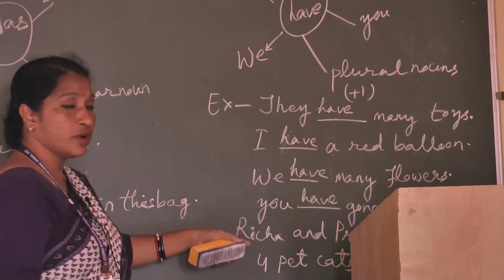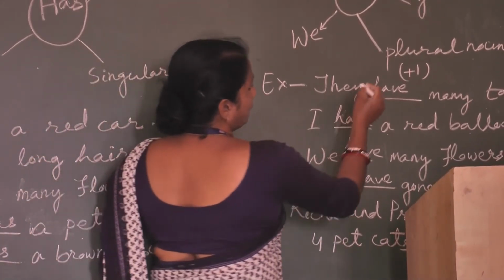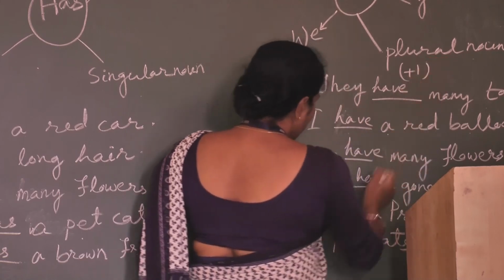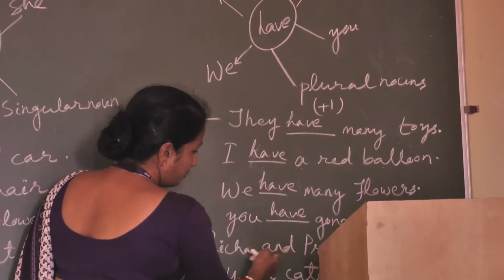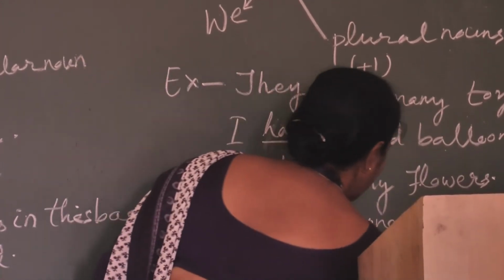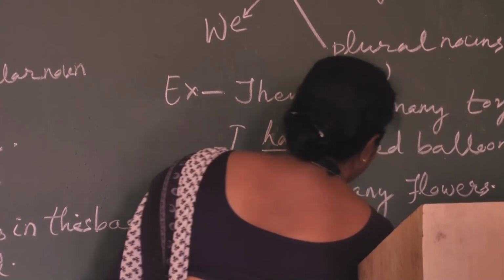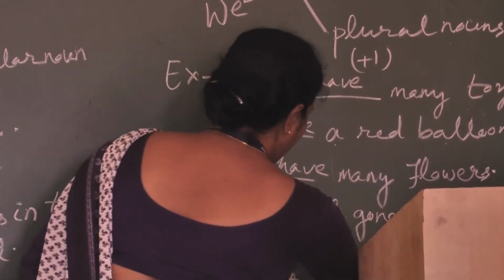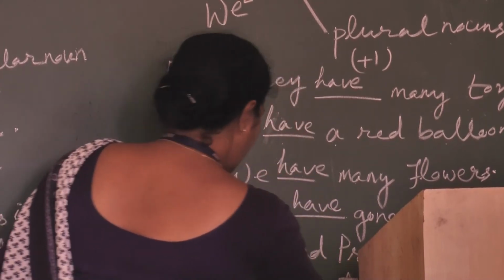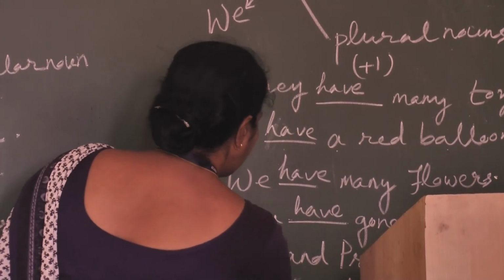They are plural nouns. So, we use have for plural nouns. Richa and Priya are both plural nouns. So, you have to use have here. Read again children, Richa and Priya have 4 pet cats.